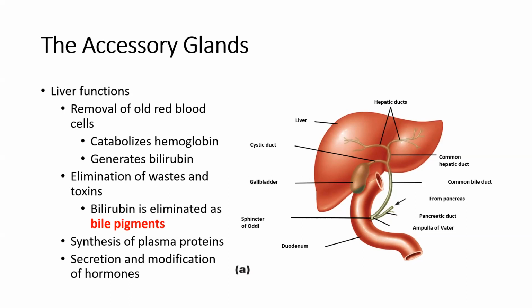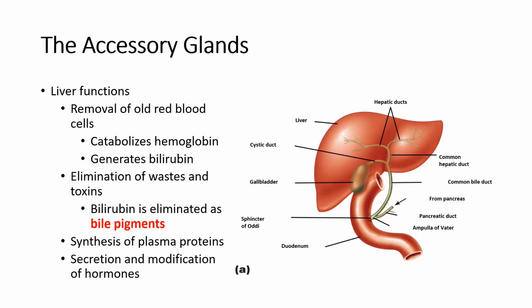Bilirubin is made and secreted out of the body, and that hemoglobin can be recycled to make new erythrocytes. So the liver helps in that process of catabolizing hemoglobin. It's going to help in elimination of waste and toxins, again in the form of bilirubin, which is the bile form or the bile component of those old erythrocytes that can be eliminated from the body.